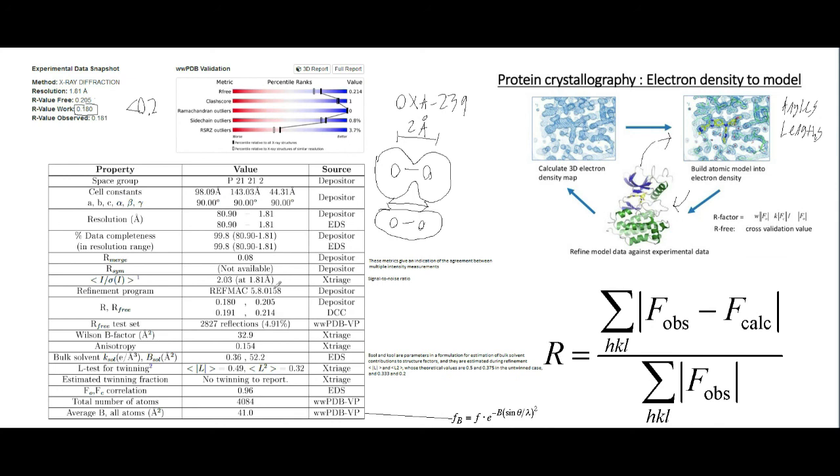This just tells us the program I used for this refinement against the experimental data, which is a program called RefMac, and that's sort of a black box program. You just put your data from the real space alignments in, and it spits something back out. These are the R factor and the R free again.